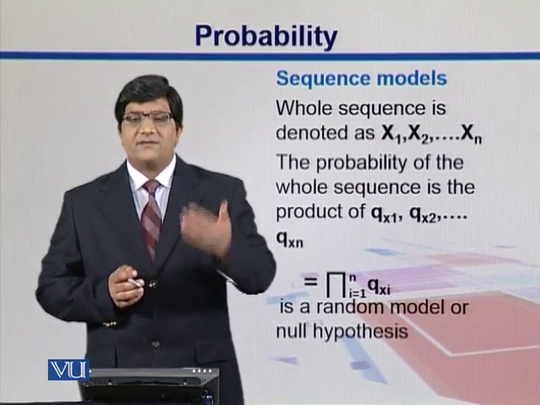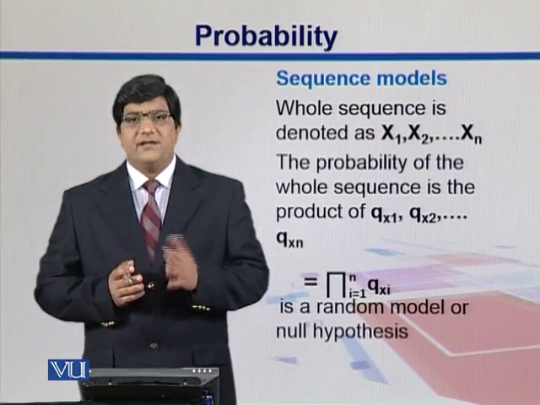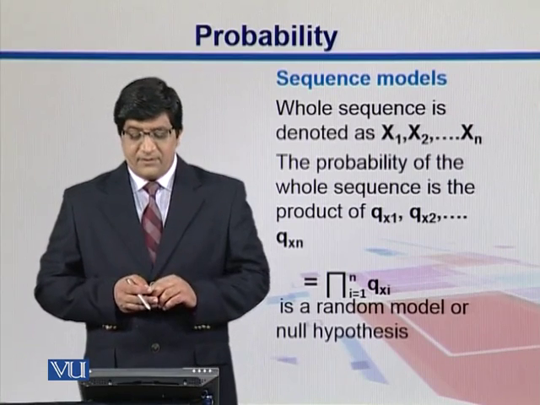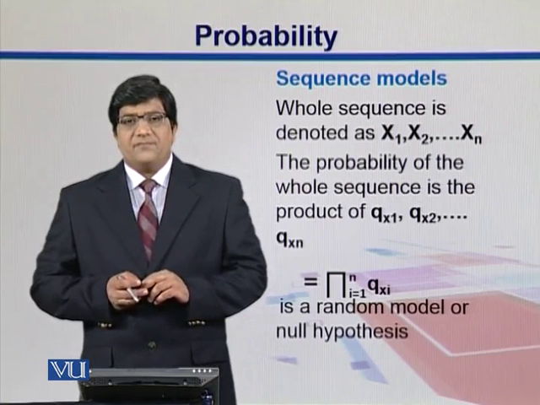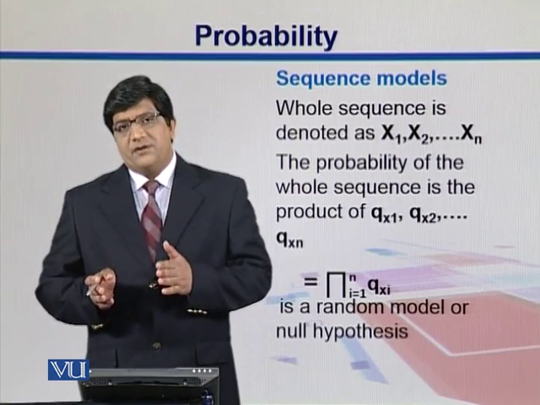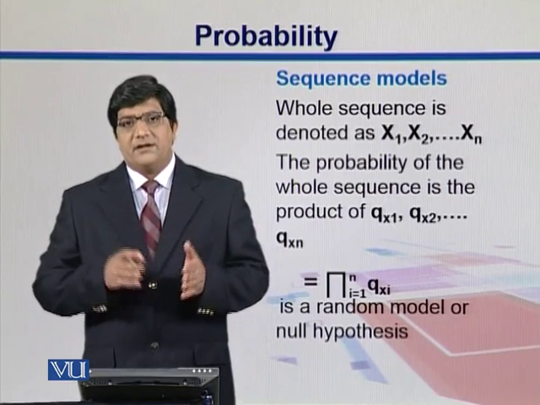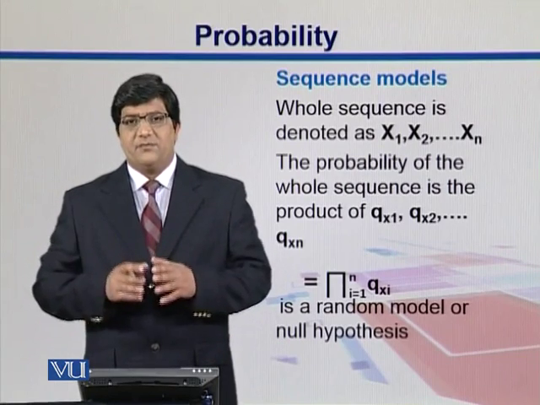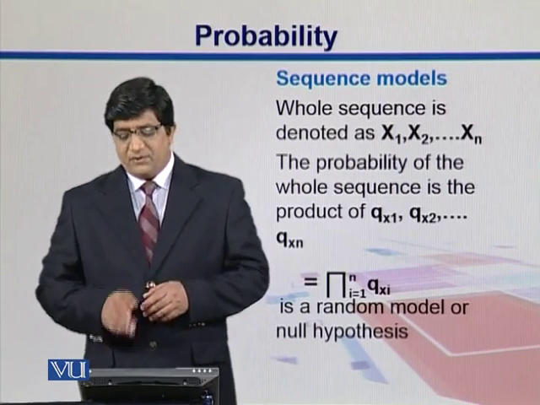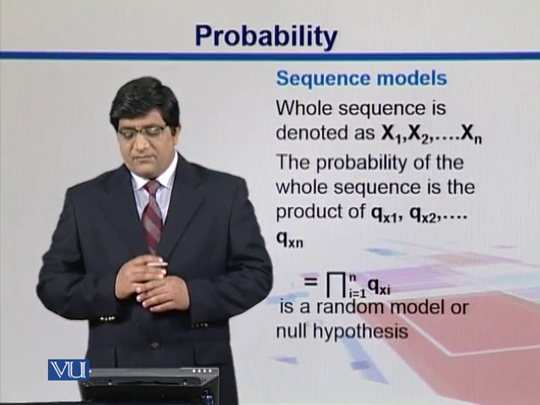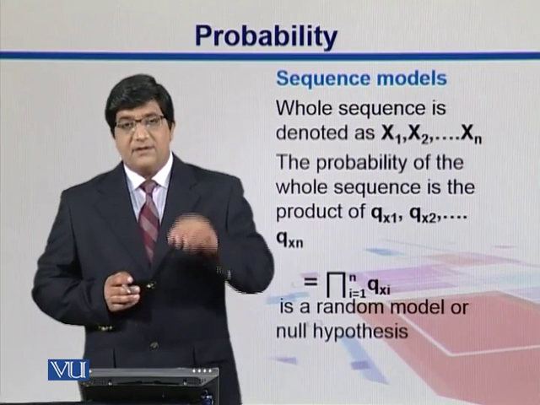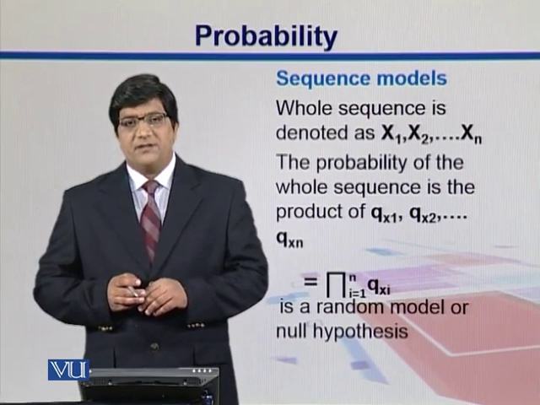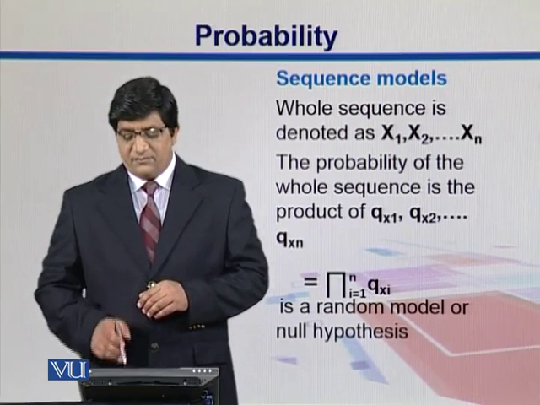So within x1 we can have anything like A, T, G or C. In the end, if we put their probabilities together, the individual probabilities get multiplied, and their product gives us the probability of the whole sequence. If we look into this equation, we can see that the probabilities of all those nucleotides multiplied together give us the probability of the whole sequence.